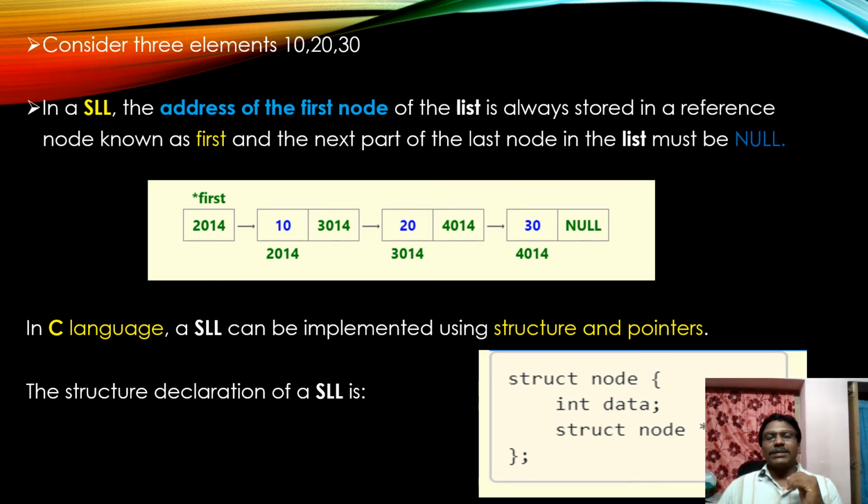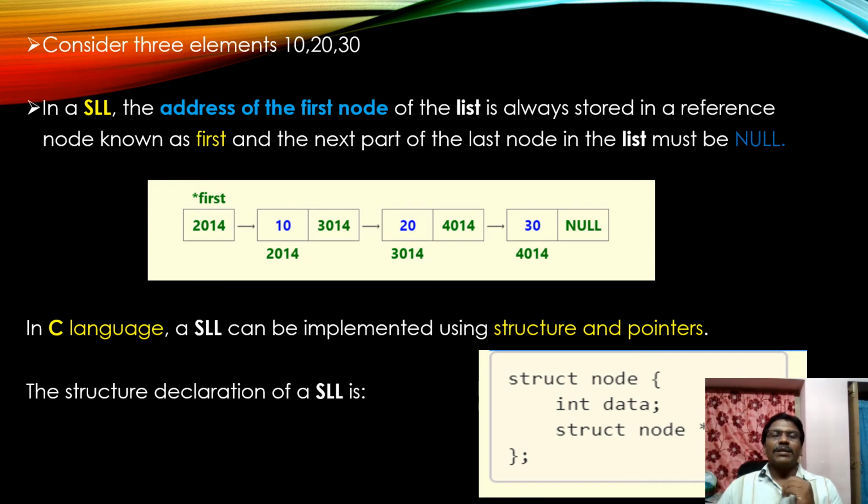Consider three elements 10, 20, and 30. For example, in a single linked list, the address of the first node of the list is always stored in a reference node, known as first, and the next part of the last node in the list must be null. Null represents the end of the list.